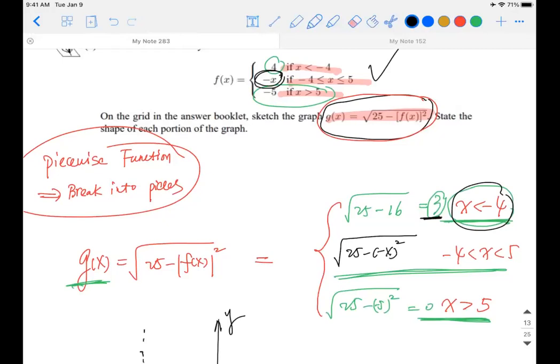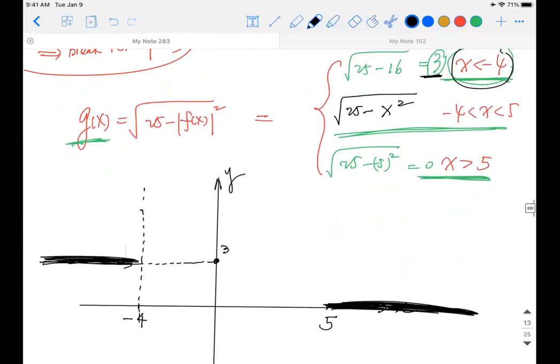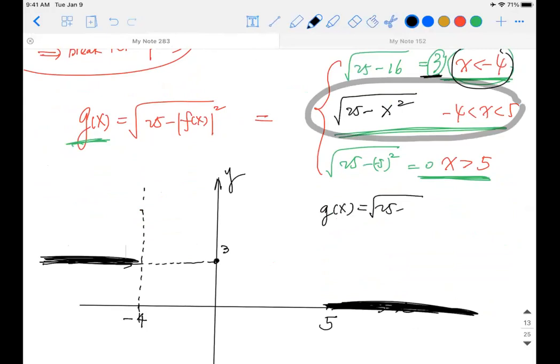Minus x squared can be just simplified as x squared, that makes no difference. y equals the square root of 25 minus x squared. So this part means g(x) equals the square root of 25 minus x squared whenever x is between -4 and 5.